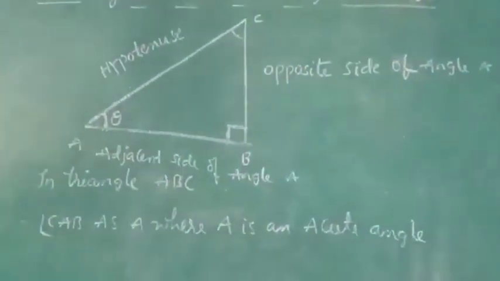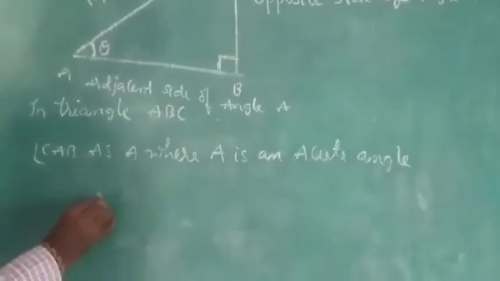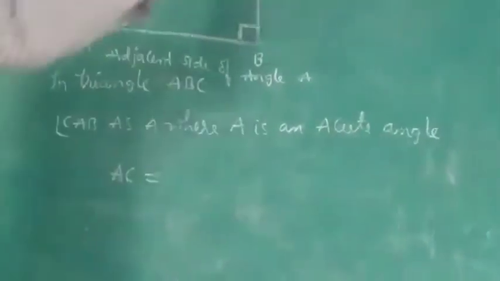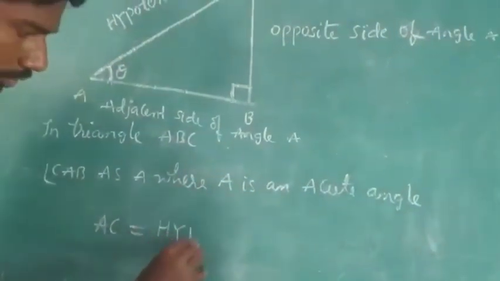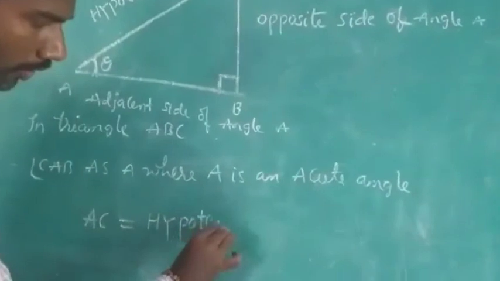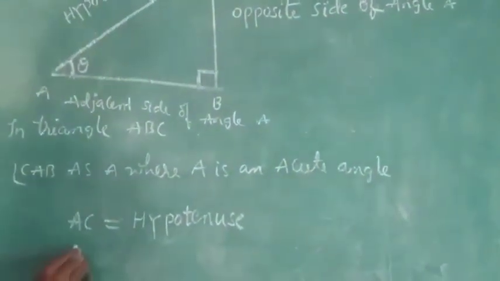That's why naming the sides in a right angle triangle, let's get it clear. AC is called the hypotenuse. Then what about BC?